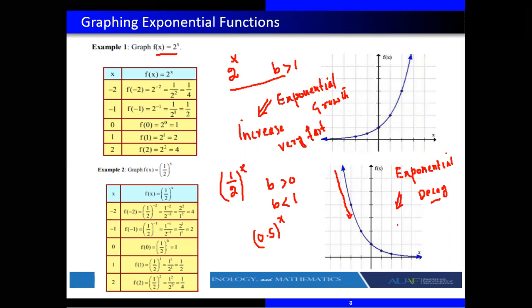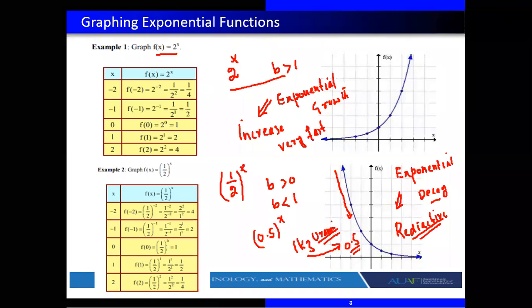Like radioactive decay. Radioactive elements emit radiation rays. If we, for example, place 1 kg of uranium, after some time, like after 100 years, it becomes 0.5 kg, which means half of the original weight.